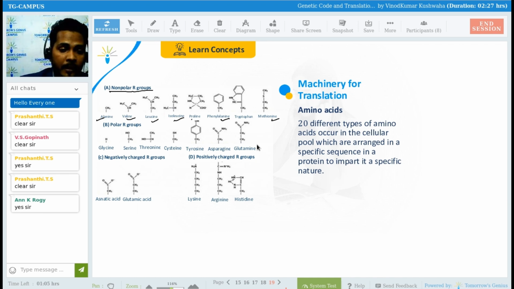Then some are negatively charged, some are positively charged. Negatively charged are aspartic acid, then glutamic acid. In case of positively charged, lysine, arginine, and histidine are the positive amino acids. So these 20 amino acids are all categorized based on their polar and non-polar, negatively and positively charged groups.